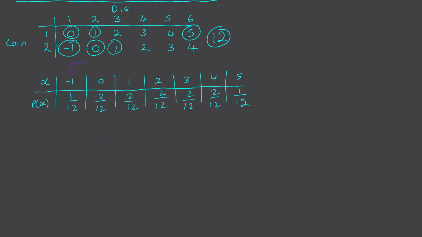Now, if we want to produce a graph of that, and of course you should use a ruler and possibly even squared paper, but I'm just going to do a sketch of it. So we'll have the probability up here, the values of x here. So we've got -1, 0, 1, 2, 3, 4, and 5.